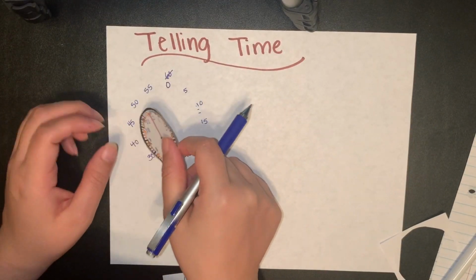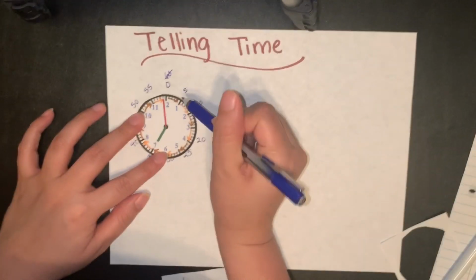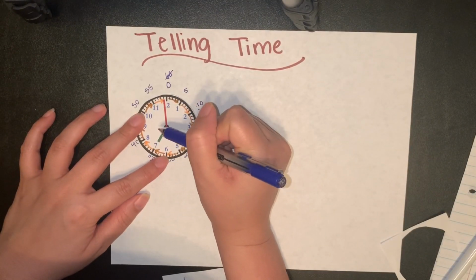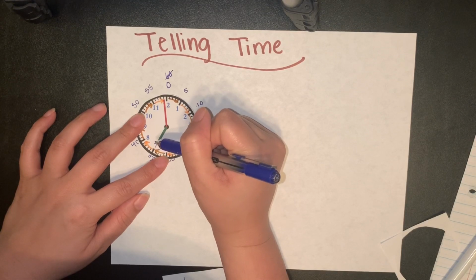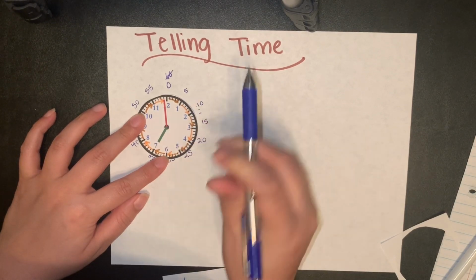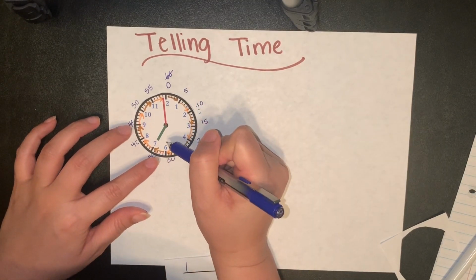Let's take a look at our other example. Like I mentioned before, the hour hand hasn't quite yet passed or reached the 7 hours. So our hour's still 6.